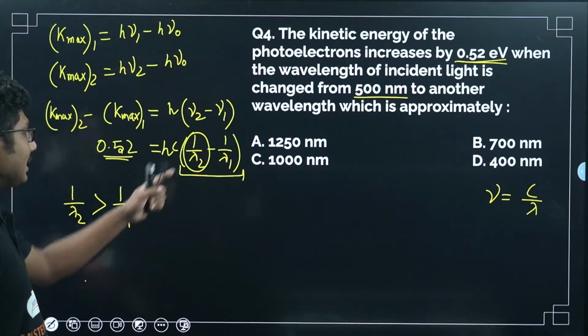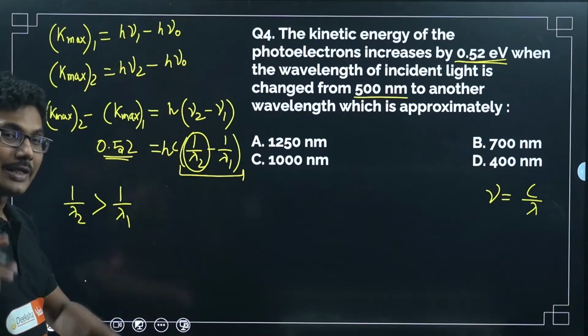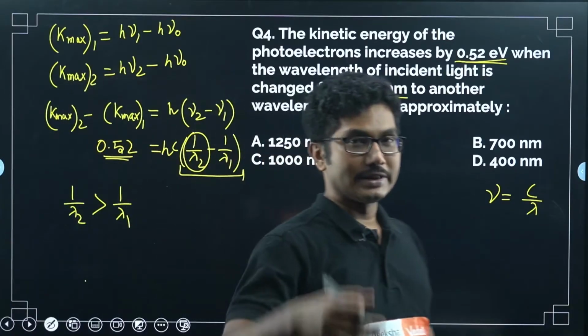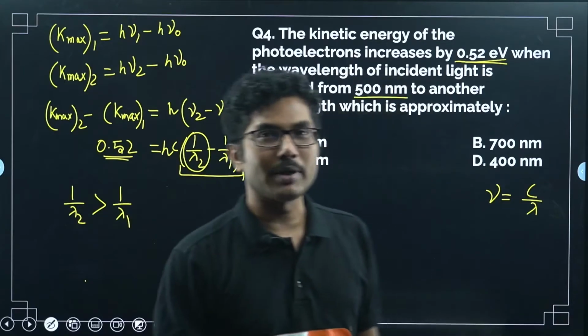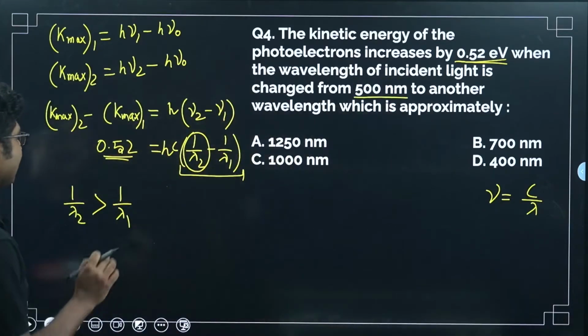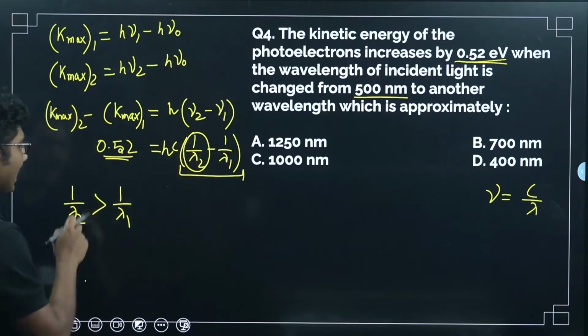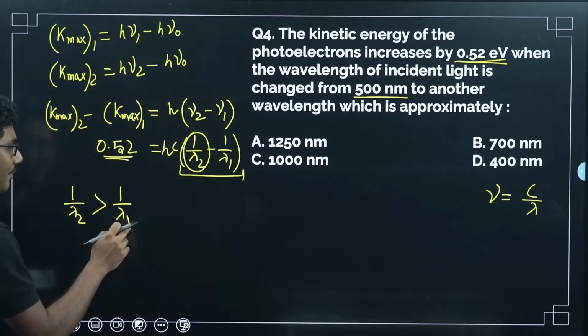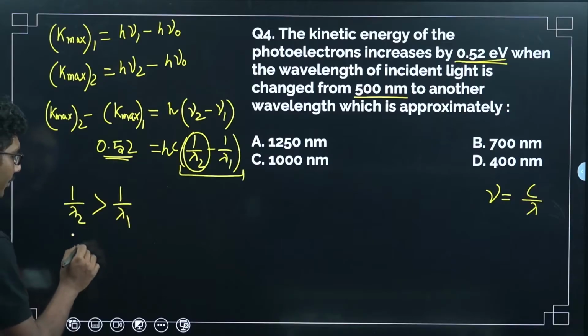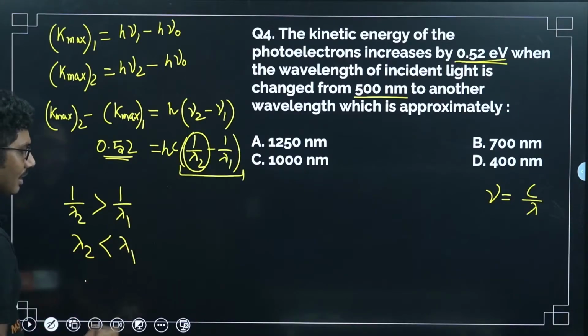Basically this number is greater than 0, like your inequalities. If you have done inequality problems, you know this kind of equation. That means 1 by lambda 2 should be greater than 1 by lambda 1, or you can write this as lambda 2 should be less than lambda 1.